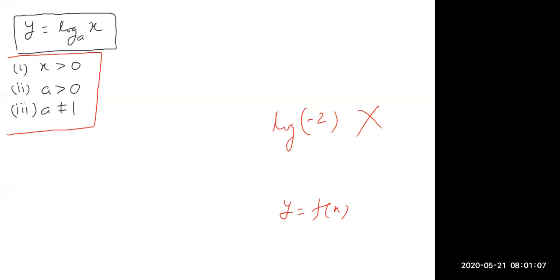It may be between 0 and 1, or more than 1. So important thing is logs are defined for positive numbers. x must be greater than 0. Base must be greater than 0. But one more condition is there, that is base cannot be 1.